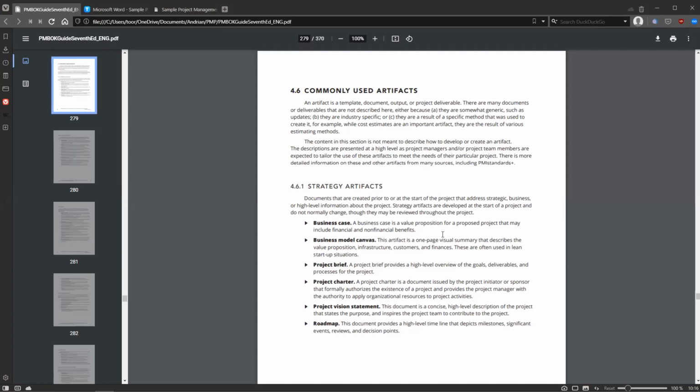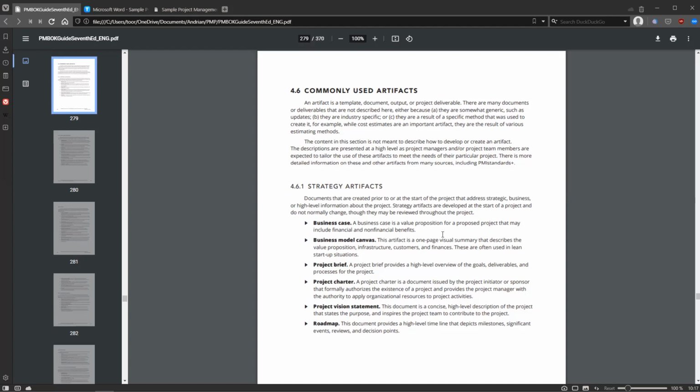And this is just an overview of commonly used artifacts. And just to elaborate, commonly used artifacts means it can be a document or some item that's produced as a result of project execution or preparation, and not all of them are necessarily to be stored within project documentation.